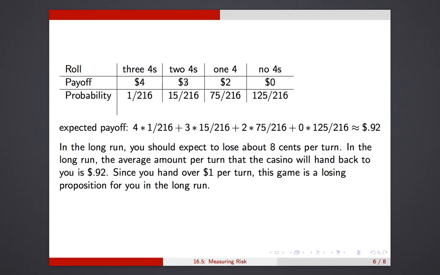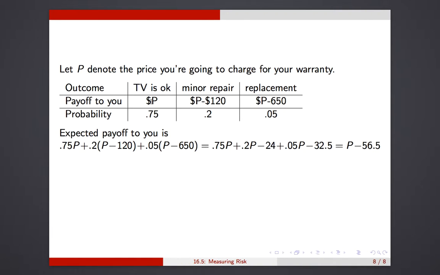We didn't have to find the payoffs. We did need to find the probabilities, though. That took a little bit of work. But once you have a table where you have payoffs and then probabilities of those payoffs, to compute an expected value or expected payoff, you just multiply down, add, multiply down, add, multiply down, keep going until you're done, and that will be the expected payoff.